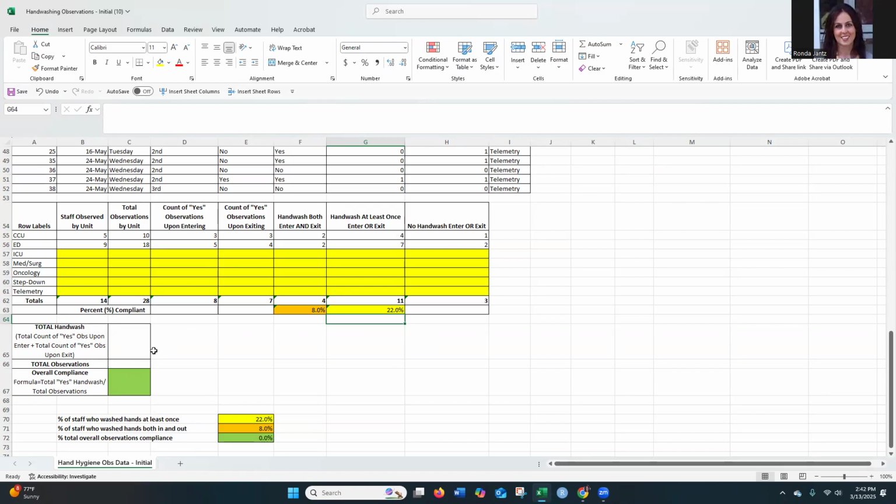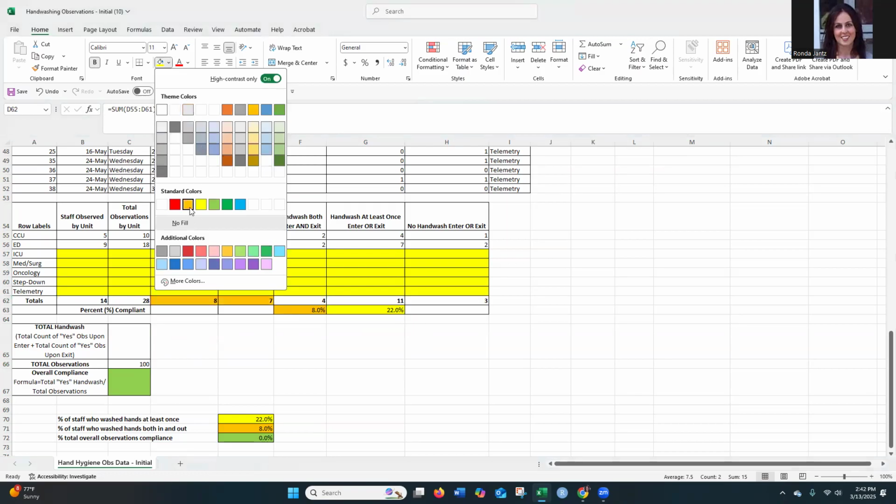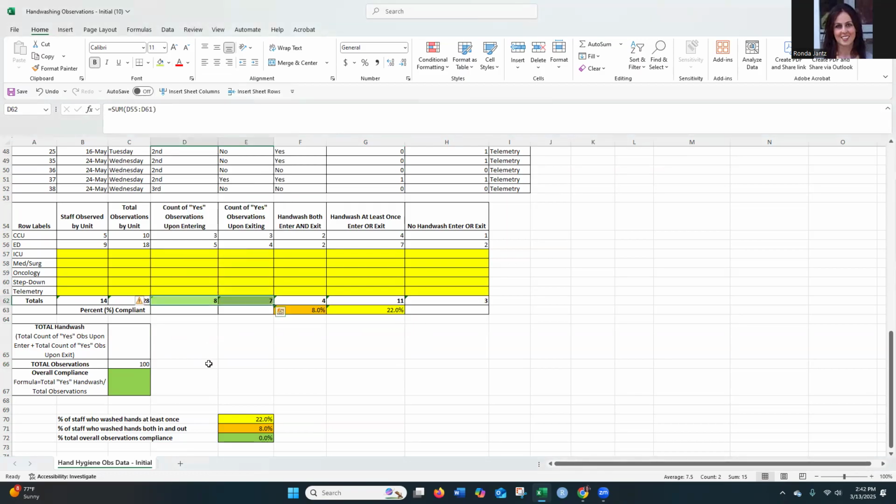Our final percentage is found here, total hand wash. Remember, we have 100 total observations: 50 people who were observed twice each. Our total hand washing observations would be to take the totals here. I'm going to give them a very unique color, maybe this light green. We're going to add the yes here and the yes here because this is what the formula says.